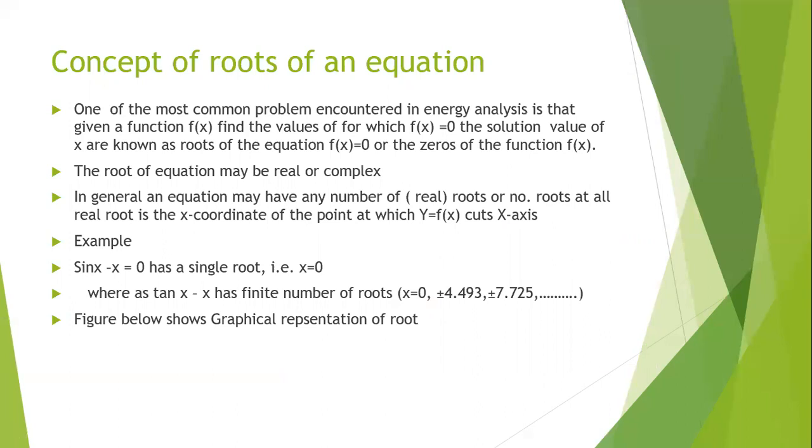For example, sin x = 0 has a single root, that is x = 0. Whereas tan x minus x has a large number of roots, that is x = 0 and plus or minus 4.493, and so on, and there may also be complex roots.